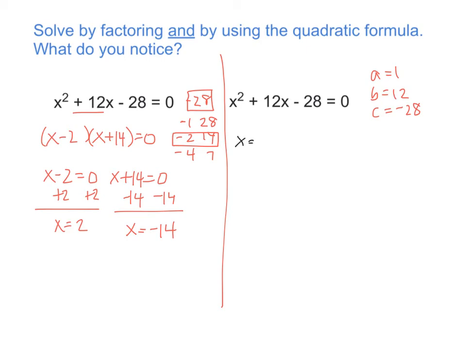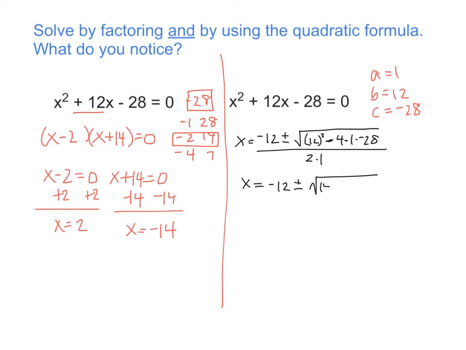All right, I'm going to go through this kind of quick. If you want to pause it and try it on your own, you can. x equals negative b plus or minus the square root of b squared minus 4 times a times c, all over 2 times a. x equals negative 12 plus or minus the square root of 12 squared, which is 144, minus 4 times 1 times 28.